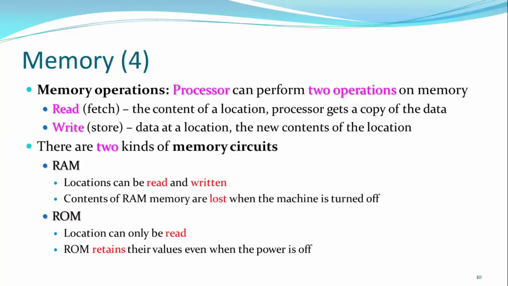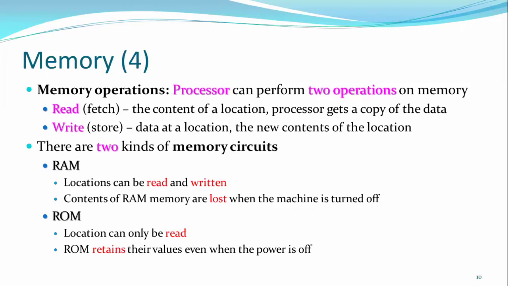Read is sometimes represented as fetch in computer science and engineering. When a microprocessor fetches data from a particular address in memory, it is fetching. When a microprocessor retrieves the data from a particular memory location, then it's fetching the data, right? We will see how many steps are in the fetch.